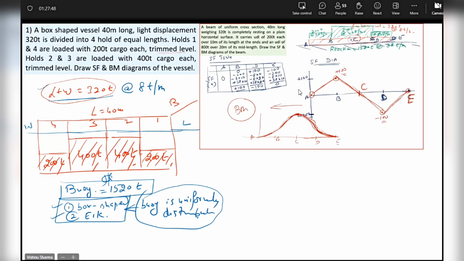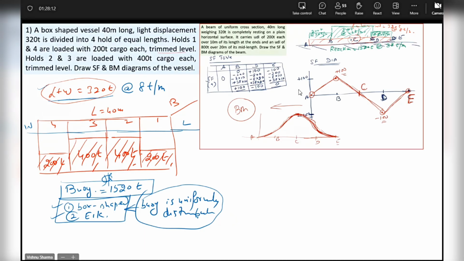Yes, sir. And there the beam was completely resting on the ground, so the reaction was uniformly distributed, which was equal to 1520 tons. Here, the downward weight is balanced by buoyancy, which is uniformly distributed. So buoyancy replaces the reaction here.